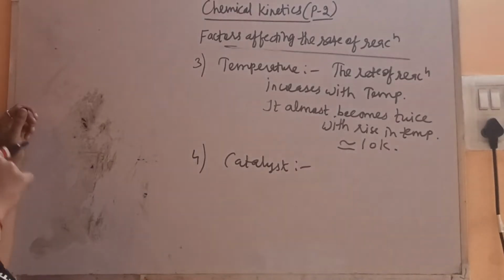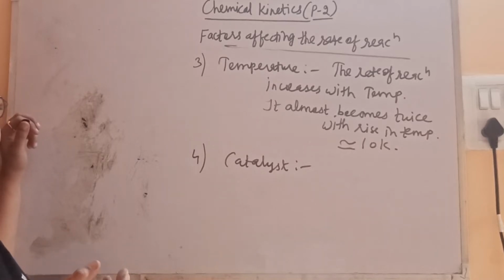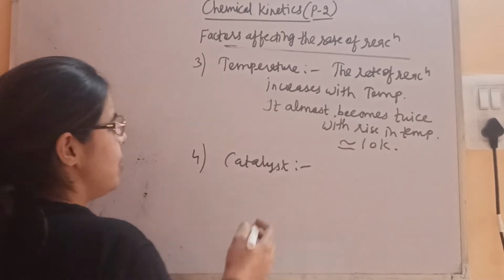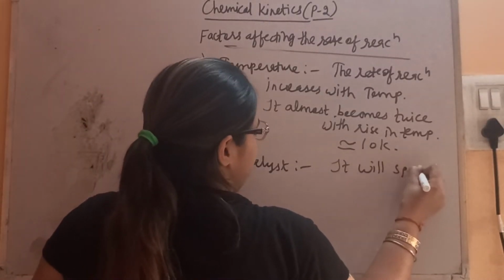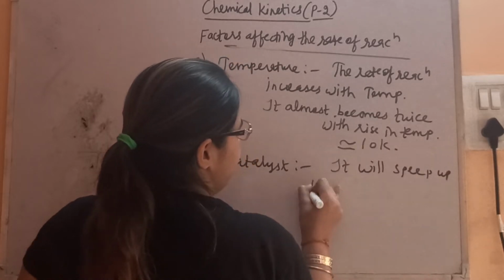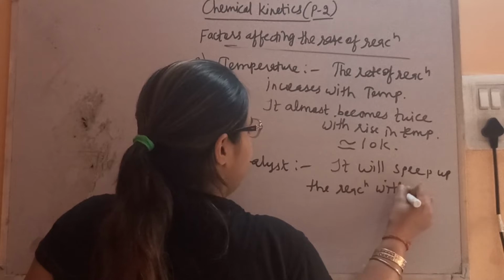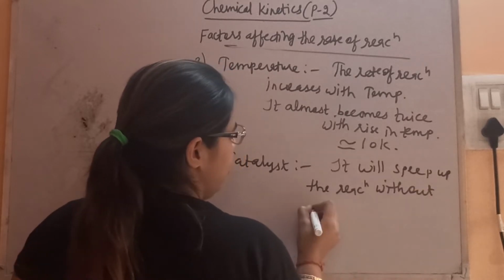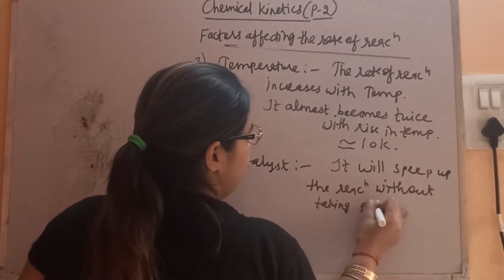For example, if the reaction is reversible, then in that case it will try to attain the equilibrium of the reaction in a fast manner. So it will speed up the reaction without taking part in it.